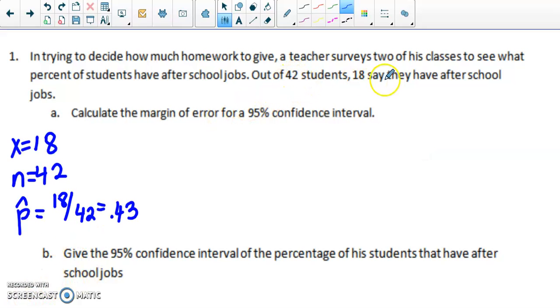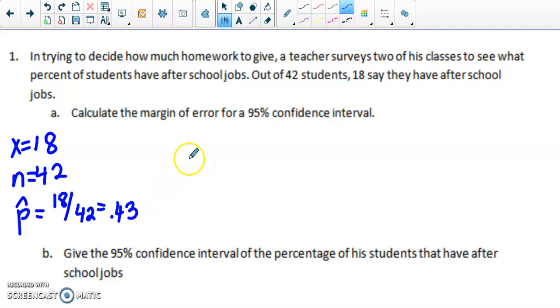Here, your x, your yeses, is 18, because that's how many students have after-school jobs. Your n, the sample size, is 42, because that's how many students in the 2 classes were surveyed. P hat, the sample proportion, is the decimal of those positive responses, which is 18 divided by the total of 42. It's 0.43.